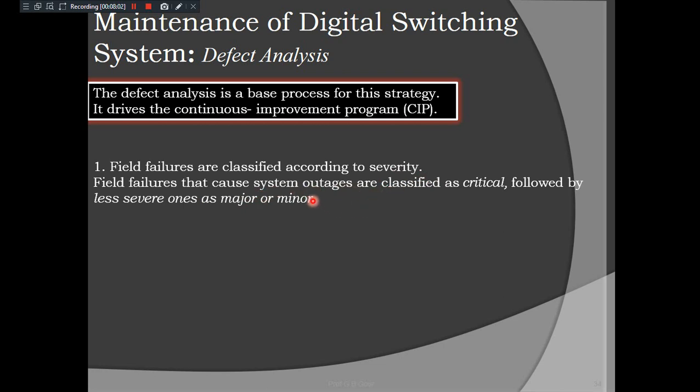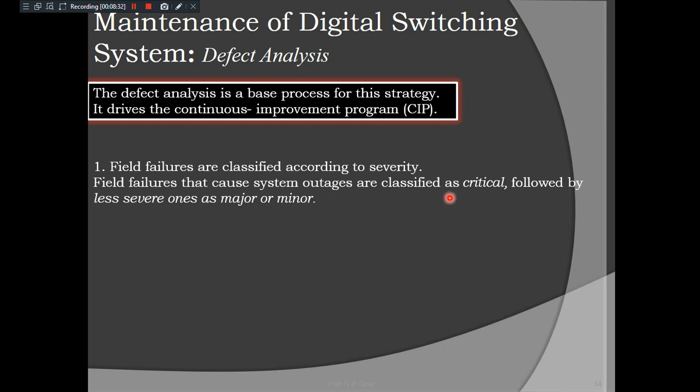Field failures we may get because of outdated devices or systems, or maybe inefficiency in performing particular tasks, which may be classified as critical or less severe, major or minor ones. So far we have discussed only critical, major or minor faults.